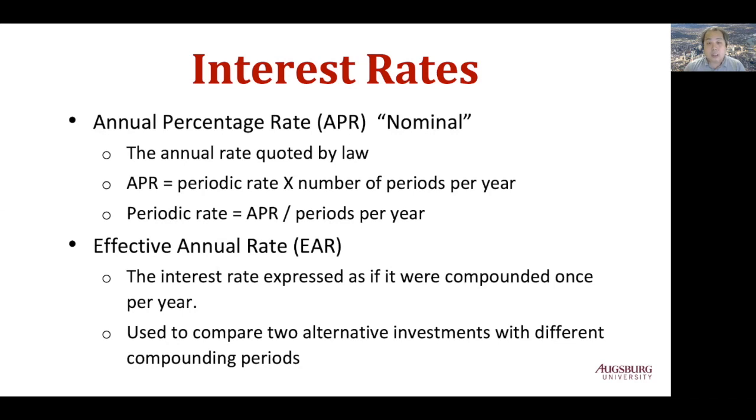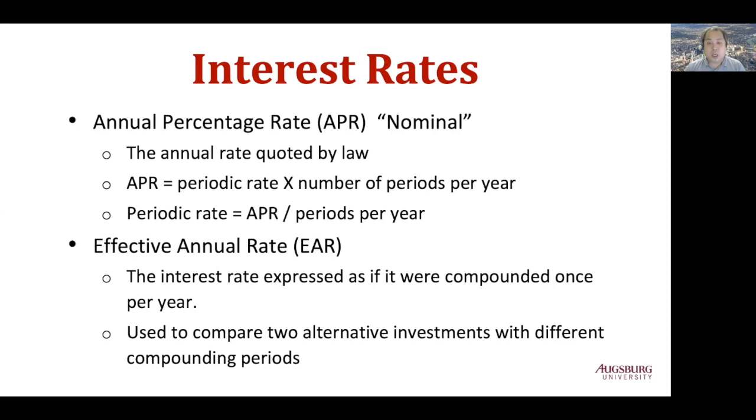The issue is if you have two interest rates that do not have the same number of compounding periods per year, such as one is an annual rate and the other is a semi-annual rate, then you cannot directly compare using APR. You should use EAR, the effective annual rate. The effective annual rate assumes that this interest rate is expressed as if it were compounded once per year.